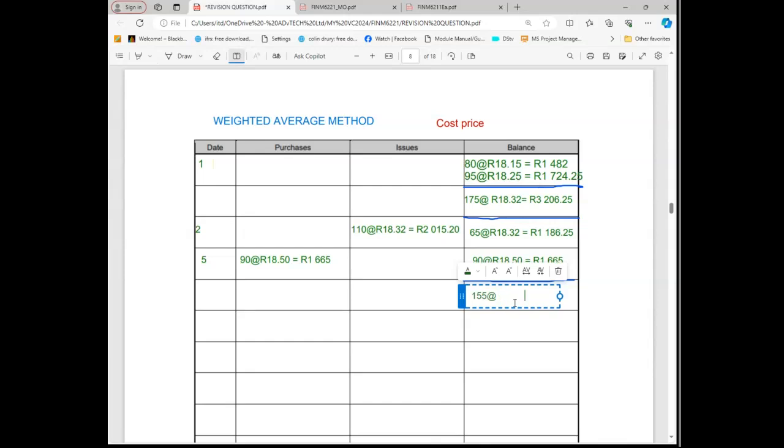And then you're still gonna find the average. And then you're gonna add the amounts. So we're gonna have this plus this, which is 2,851.25.